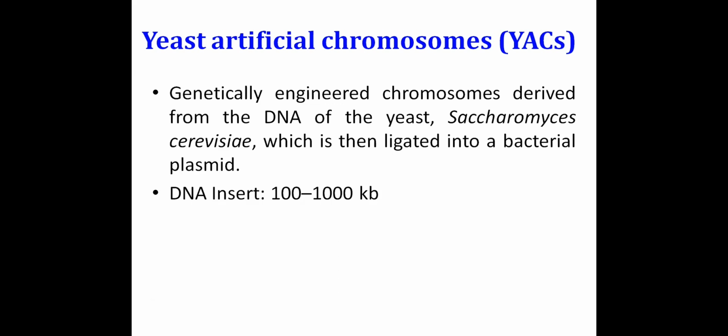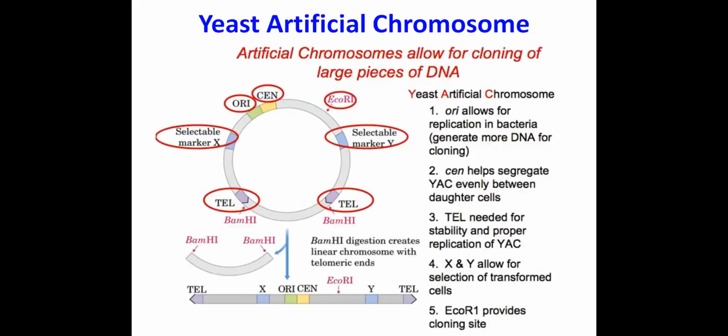Some of the chromosomal region from yeast is taken and ligated into the bacterial plasmid. So basically, this is a molecule which has a region from the yeast chromosome and some region from the bacterial plasmid. It can carry inserts from 100 to 1000 kilobases.